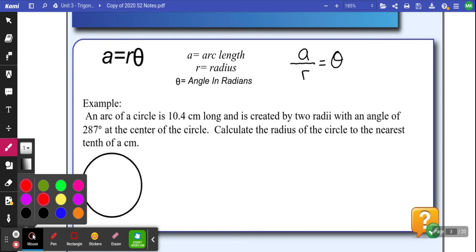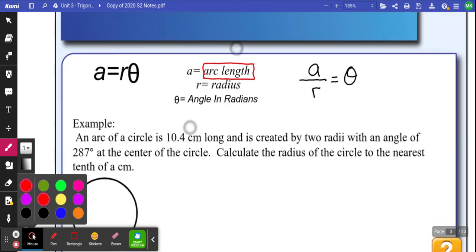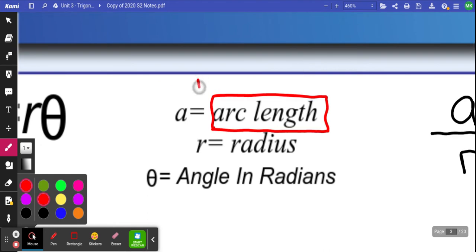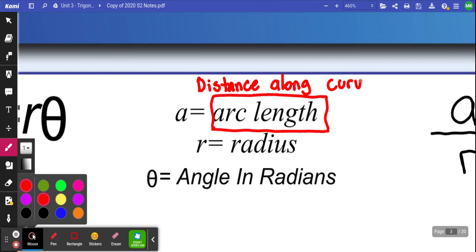So A is the arc length. That means distance along the curve or the arc, right? That's why it's called arc length. R stands for radius.